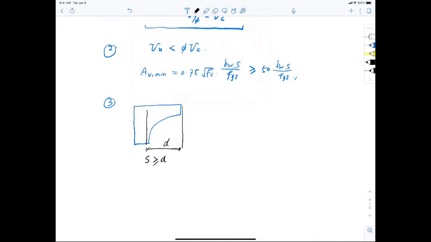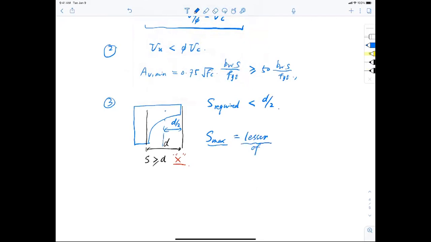So to prevent this from happening, ACI says, at least provide the spacing between the stirrups required to be smaller than half D. Where does the half D come from? This is where it comes from. Half D means at least one stirrup in the gap. So the maximum spacing allowed in the section has to be the lesser of D divided by 2 and 24 inches.